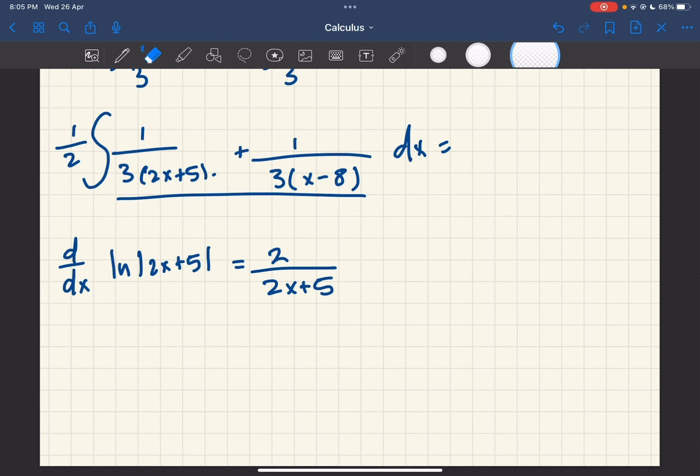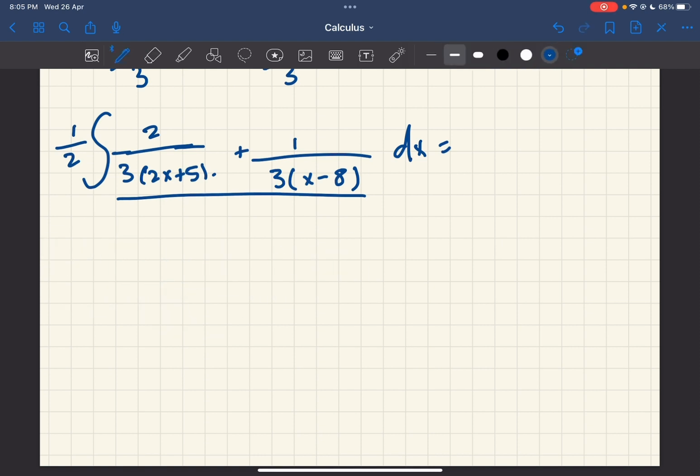And that leaves us with 2 over 3 times 2x plus 5. Okay, now that we have that, we can get rid of the 3 right here and move it outside. So 2 multiplied by 3 is 6. Let me rewrite the question: 1 over 6, then the integral of 2 over 2x plus 5 plus 1 over 3x minus 8 dx.